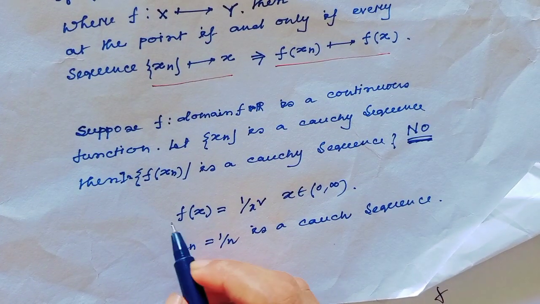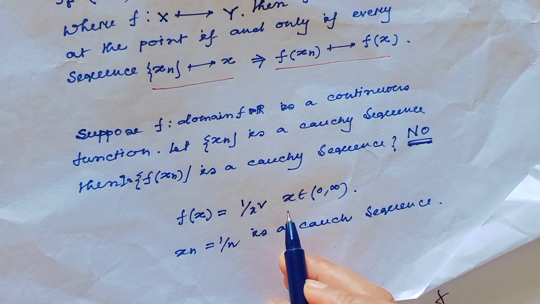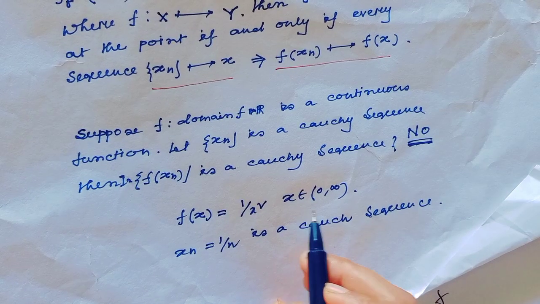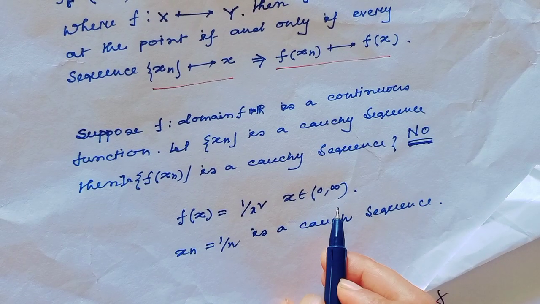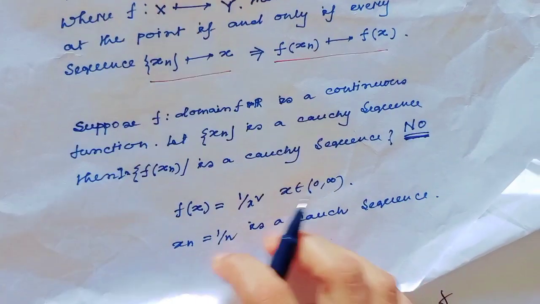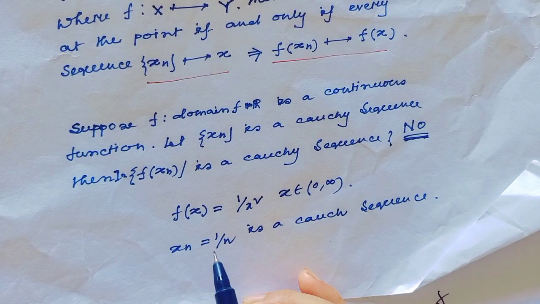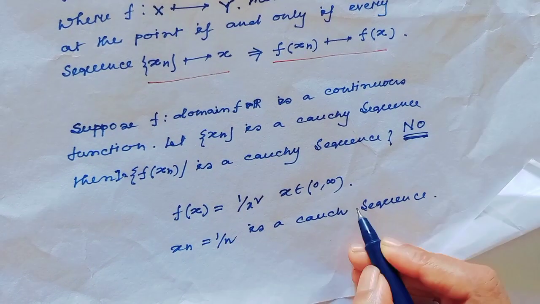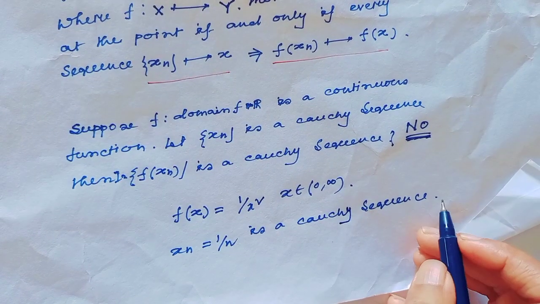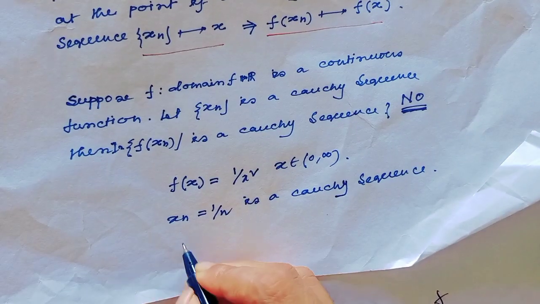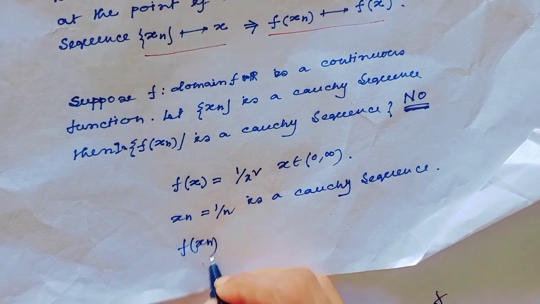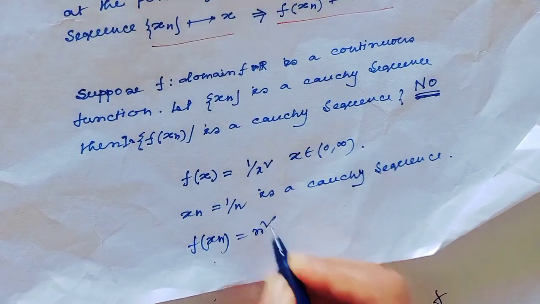As an example, consider f of x equal to 1 over x square, where x lies in the open interval 0 to infinity. Consider the sequence xn equal to 1 over n, which is a Cauchy sequence. Then f of xn equal to n square.